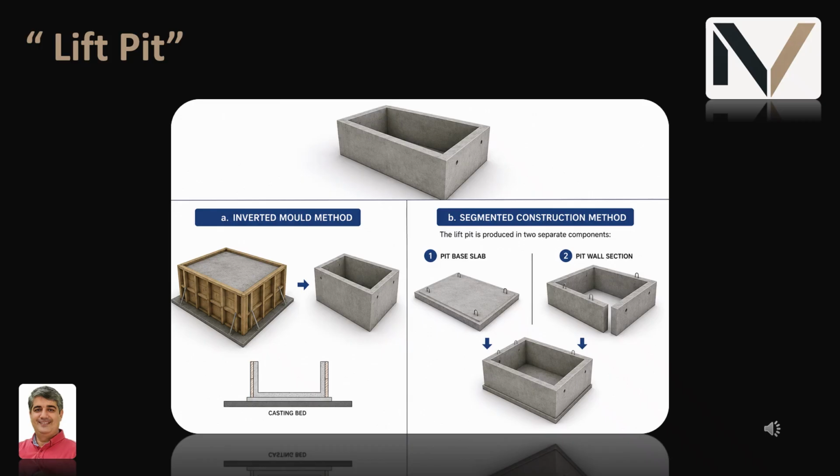Achieving the required dimensional tolerances and ensuring a precise fit between the two components can be particularly challenging, especially for larger units. It is also worth noting that the lift pit is normally designed approximately 100 mm larger on each side than the lift shaft section above it. This dimensional allowance facilitates the installation and positioning of the upper shaft segment during erection on site.